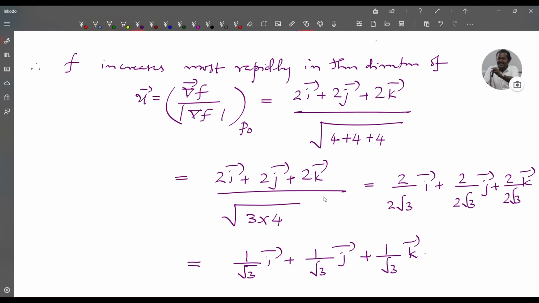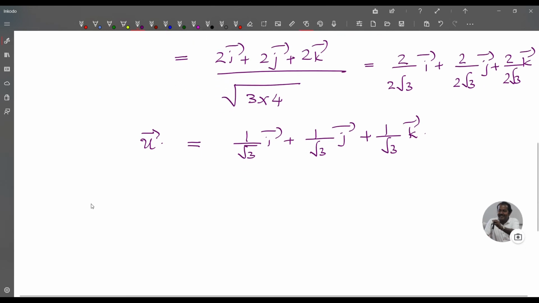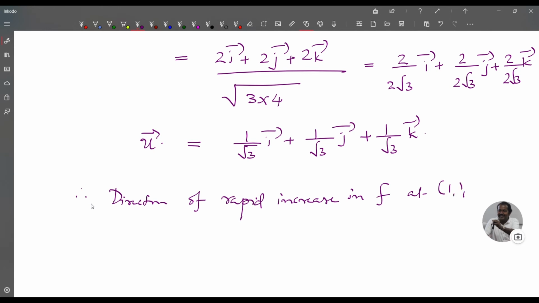So this is u. Therefore, direction of rapid increase in f at 1 1 1 is 1 by root 3 i plus 1 by root 3 j plus 1 by root 3 k.